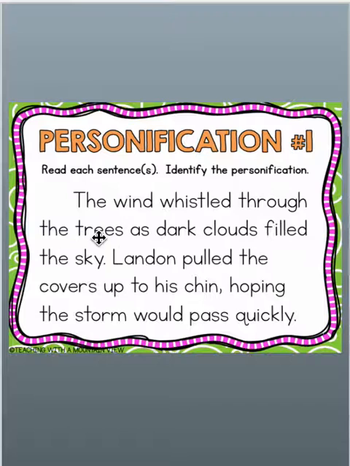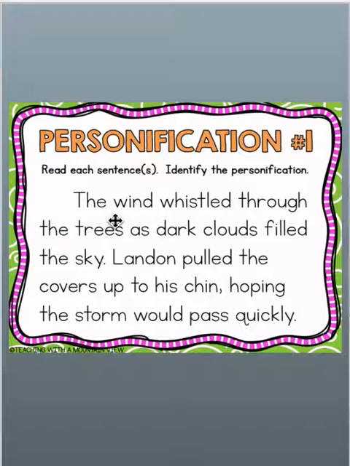Now, when you look at the sentences, you're going to identify the personification. So let's try it here. The wind whistled through the trees as dark clouds filled the sky. Landon pulled the covers up his chin, hoping the storm would pass quickly. So let's see what non-human object there is.